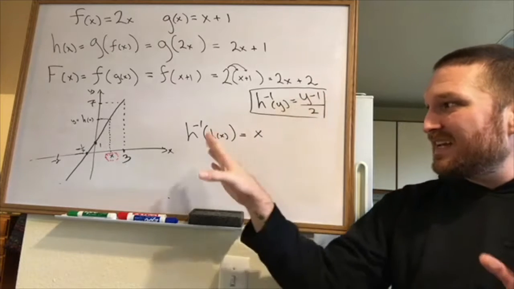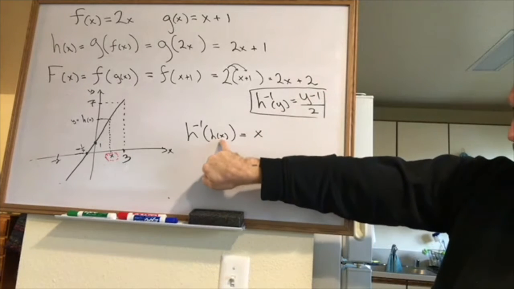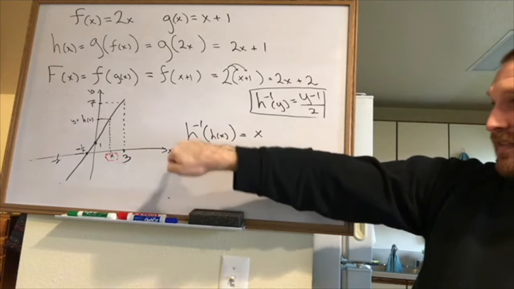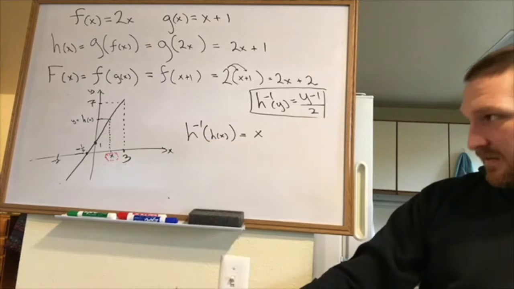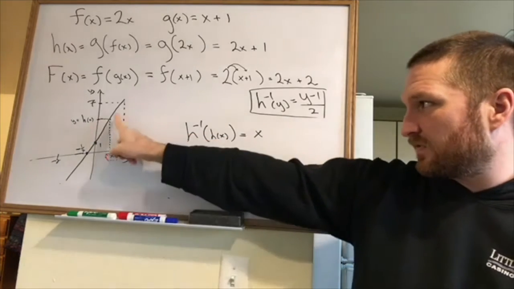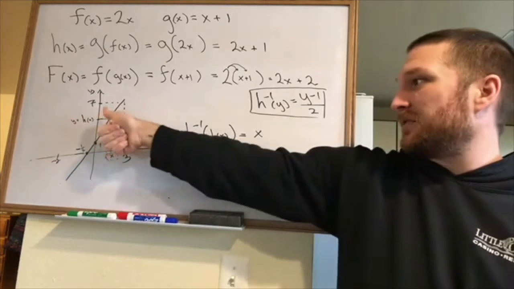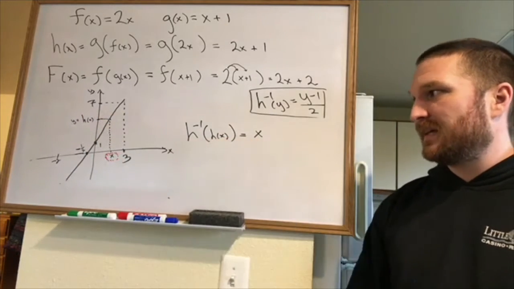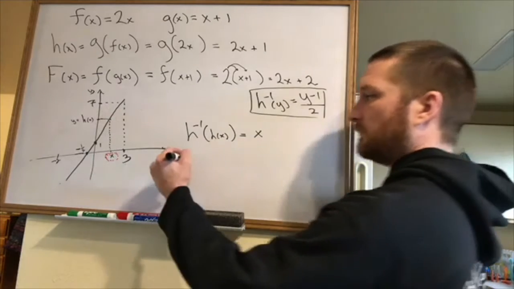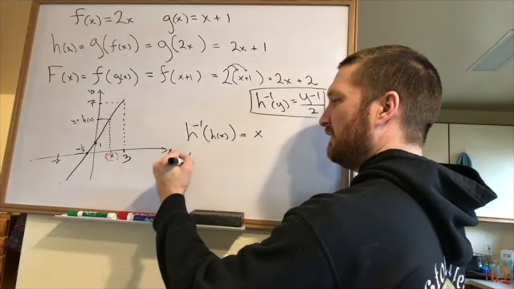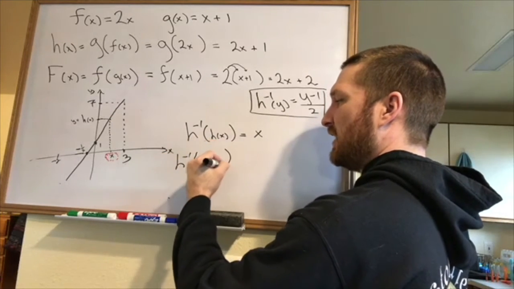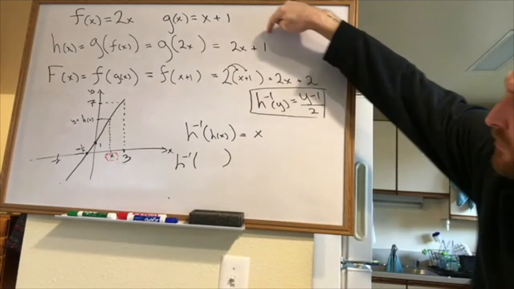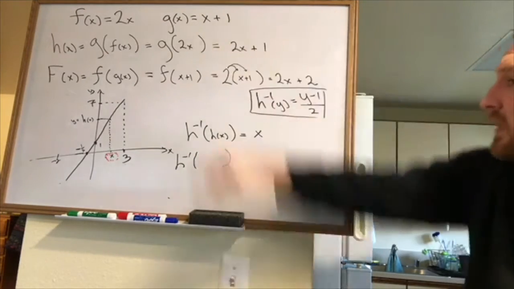In other words, for any function, when you plug in x, push it forward with H, then pull it back with H inverse, you should end up where you start. That should be an x. Let's check. H inverse of H of x says that thing right there is 2x plus 1.